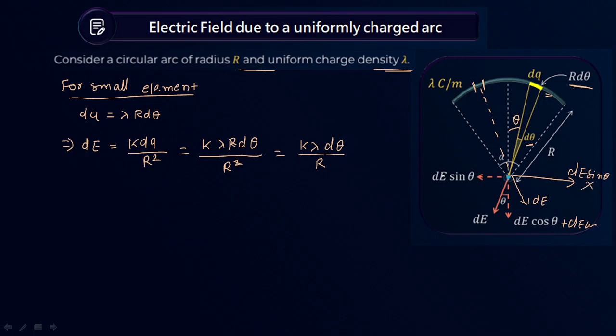So if we consider the other small element at symmetry, of course, the dE sine theta components cancel out.